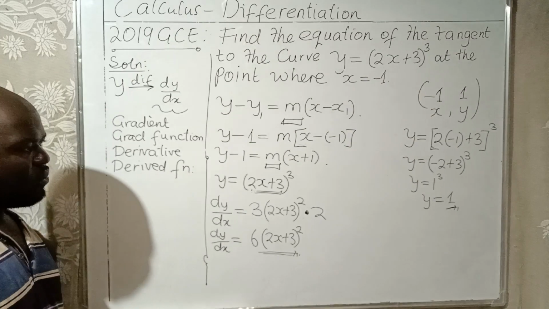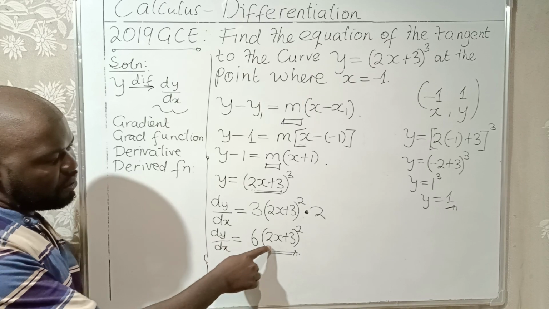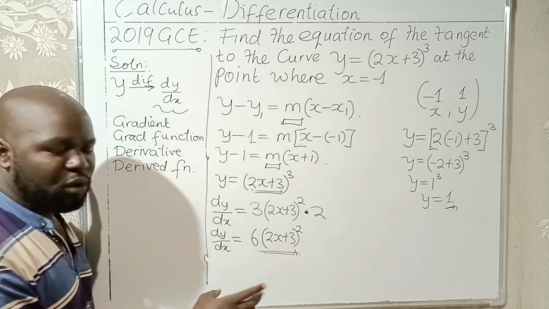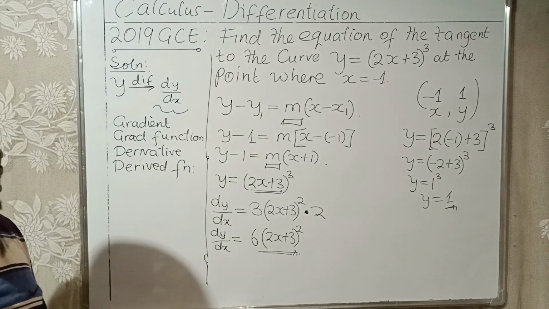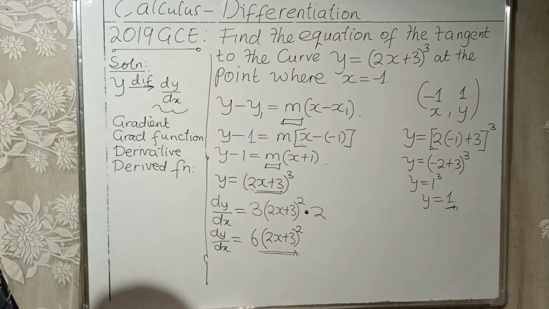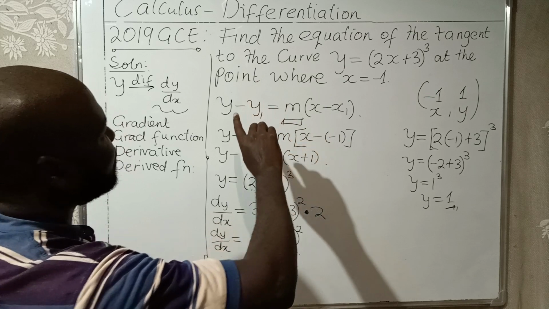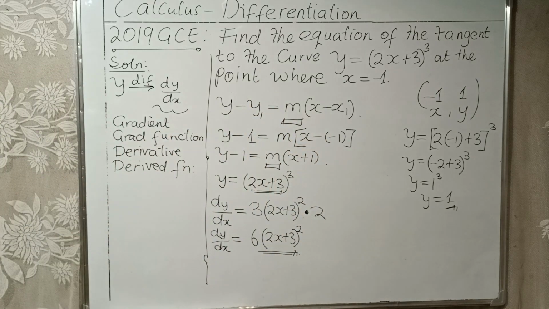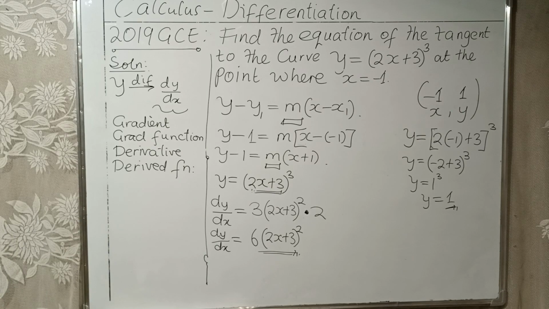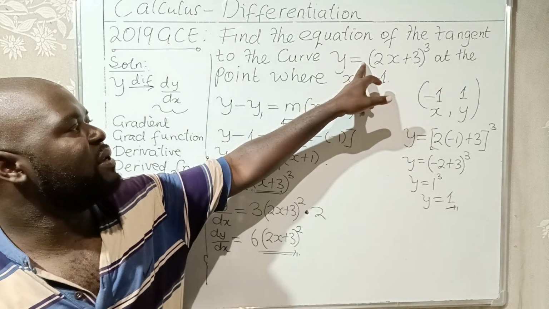We know that when you differentiate a function and you get dy dx as this, and you substitute for x, the gradient that you get is the gradient of the tangent. And what we are asked is the equation of the tangent. So, because we are asked to get the equation of the tangent, therefore we need the gradient of the tangent. And we need the coordinate where this curve is passing through.